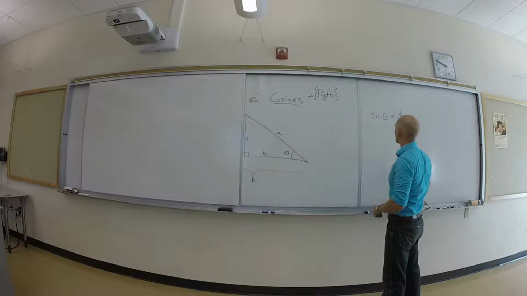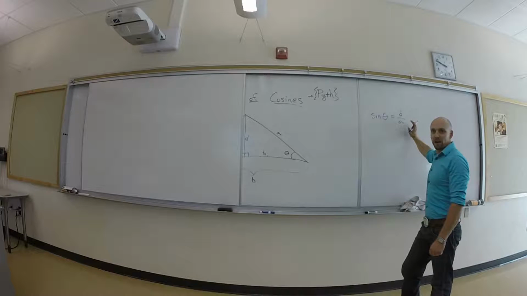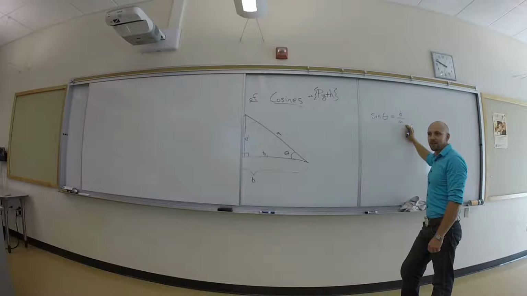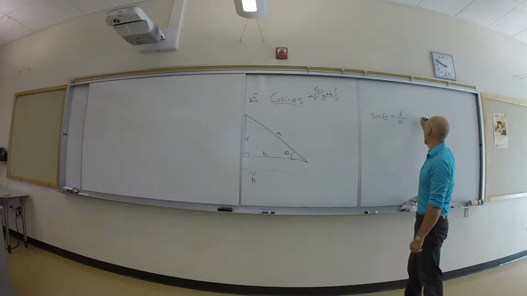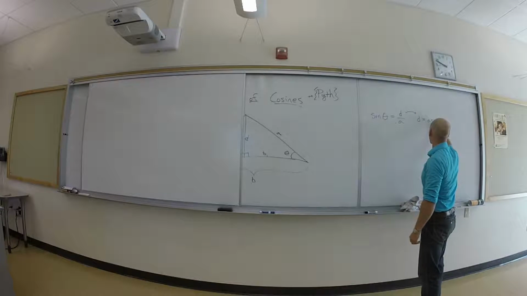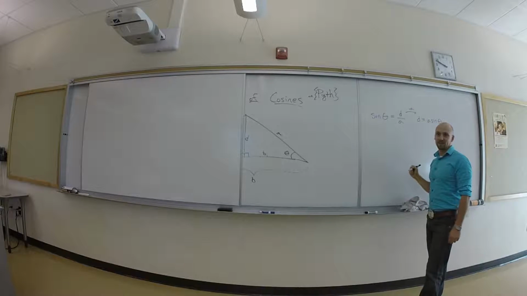D over A. Now I'm pretending I know A, right? I want to find D. So sine theta equals D over A, and you multiply both sides by A, right? Okay, see that?